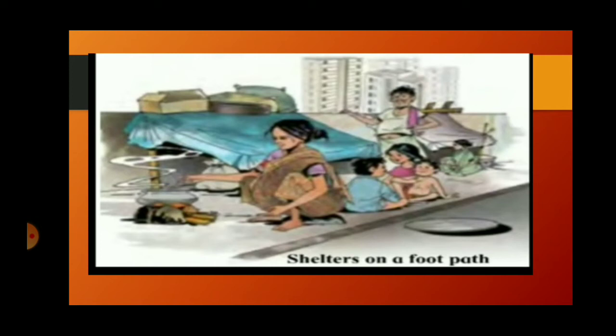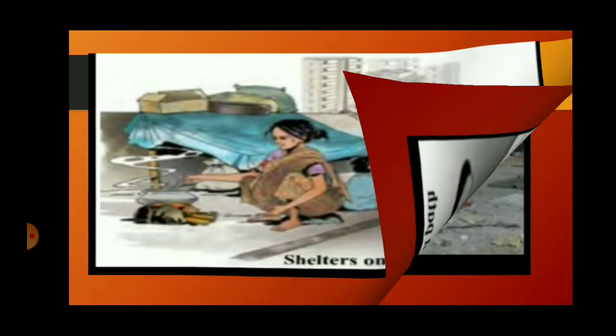They seek shelter at the roadside, on the footpaths, under the bridges, in tumbledown buildings, in railway or bus stations, and even on open ground. Many people are forced to be homeless because they have insufficient or no means of livelihood.